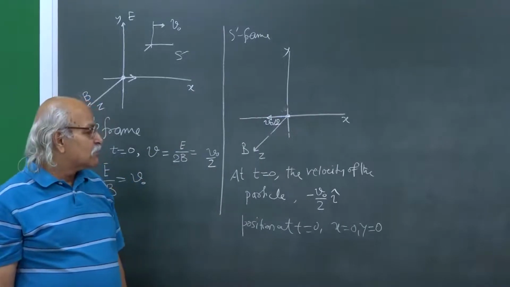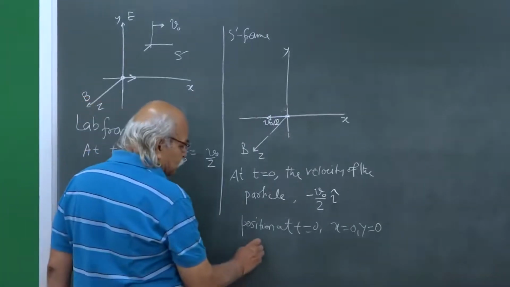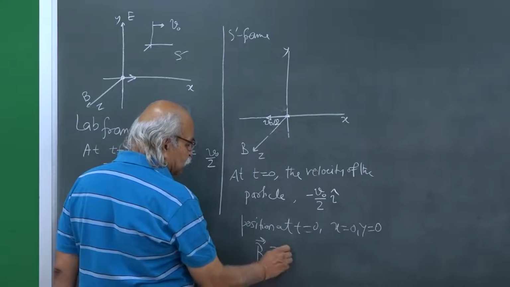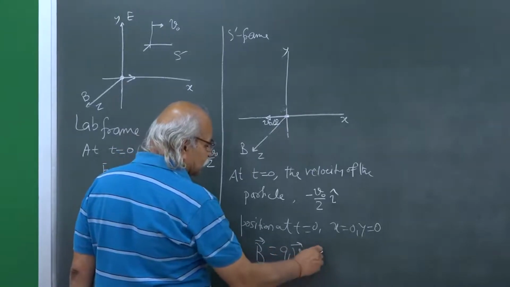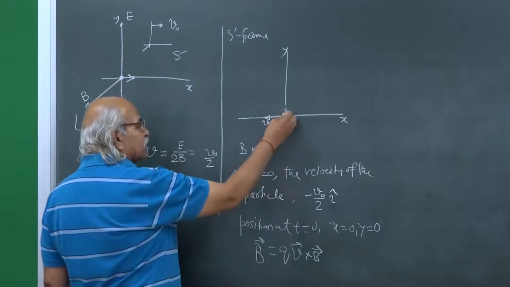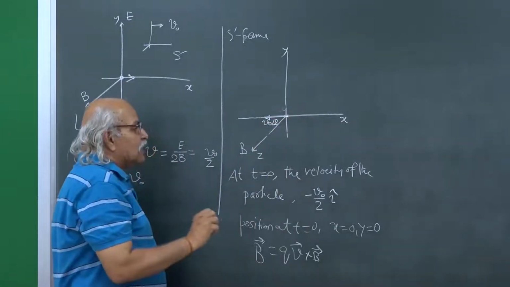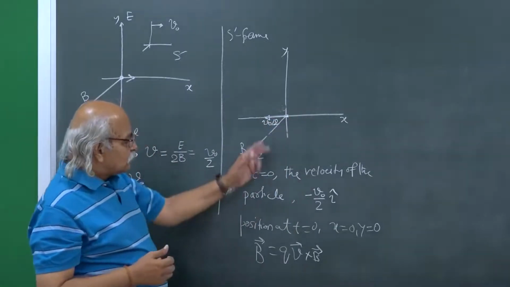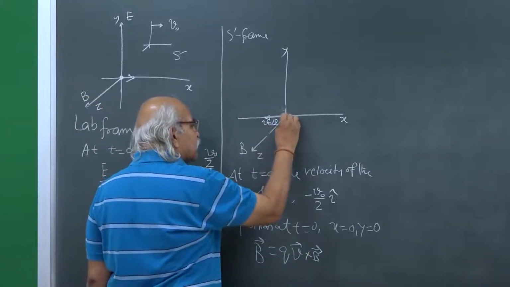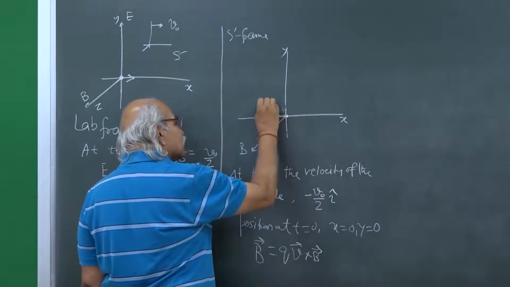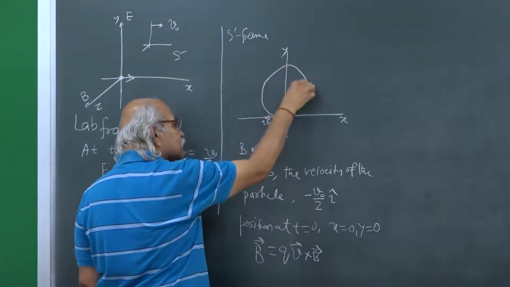What is the direction of the force? The force is q times V cross B. Initially at t equal to 0, V is this way, magnetic field is this way. So, V cross B will be in y direction. So, it will bend like this and it will go in a circular path.